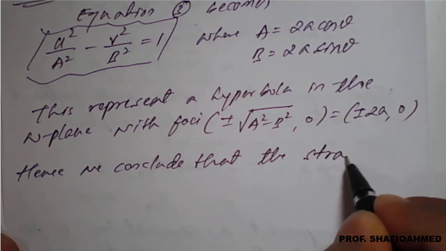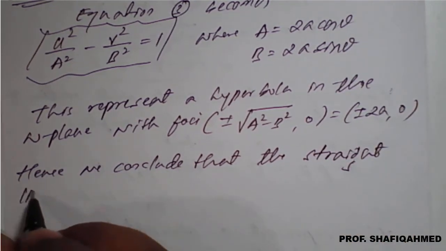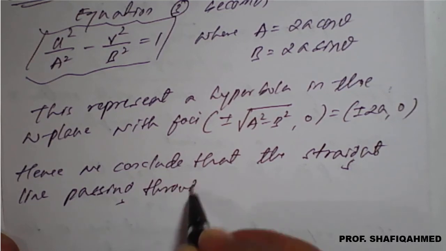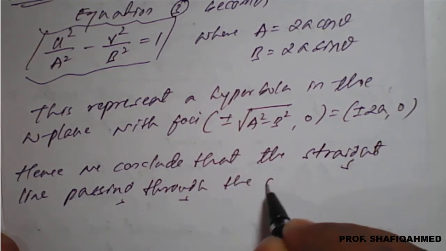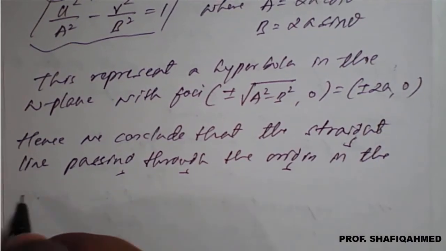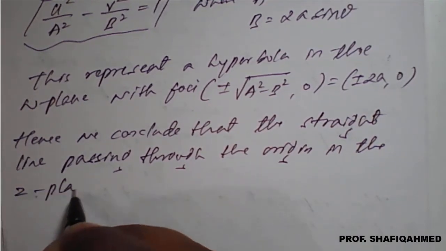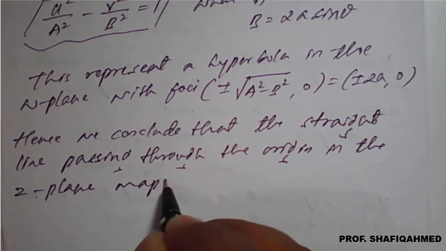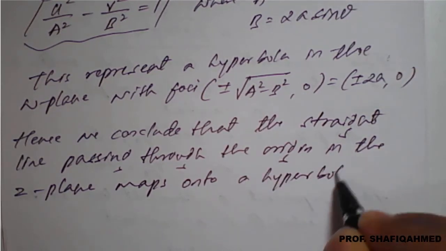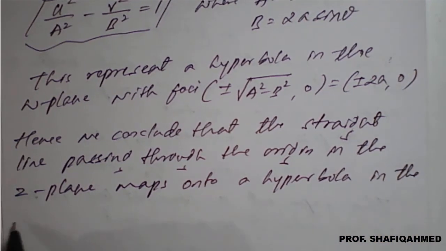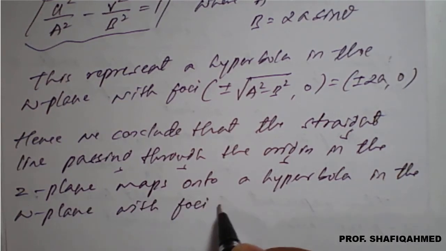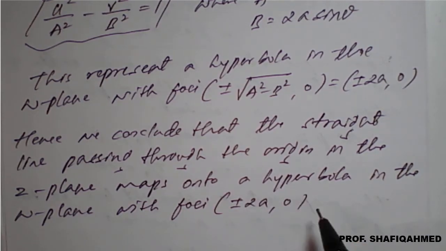So therefore I can say that the straight line passing through the origin in the z plane maps onto a hyperbola in the omega plane with foci plus or minus 2a comma 0.